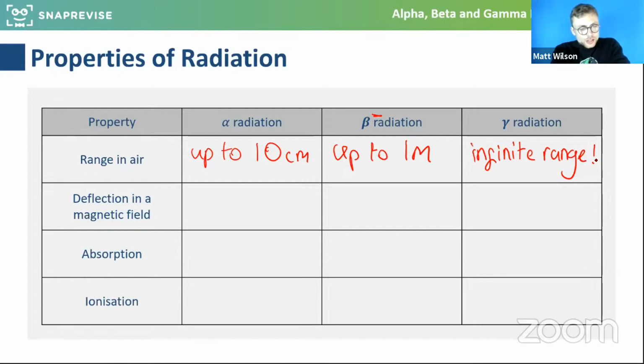Okay, now we can think about how we test for these different types of radiation. And the key point here is that some of these particles have charge and some of them don't. That matters because when charges move through magnetic fields, they get deflected, they start to turn around. So will alpha radiation be deflected in a magnetic field?